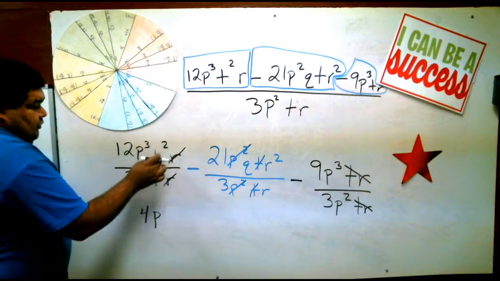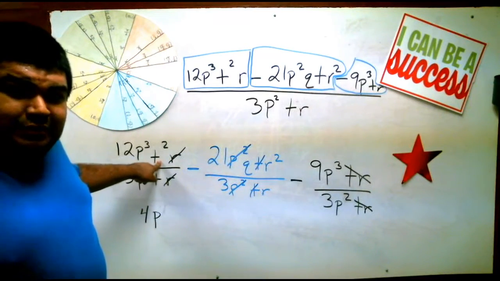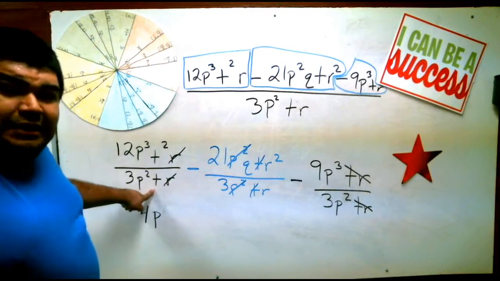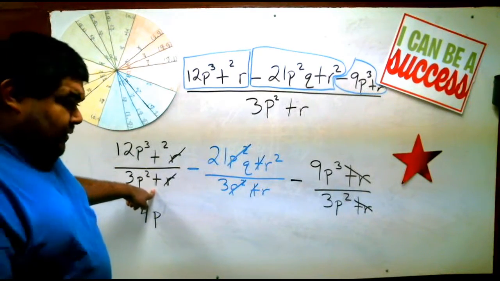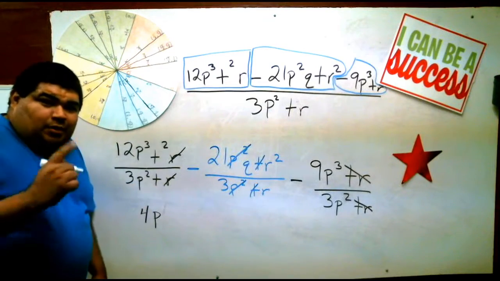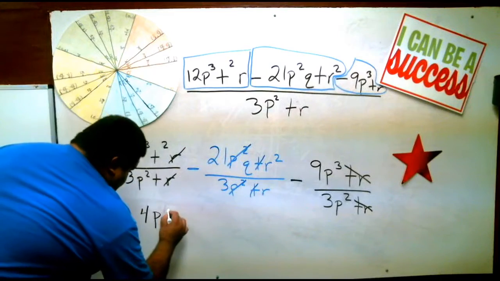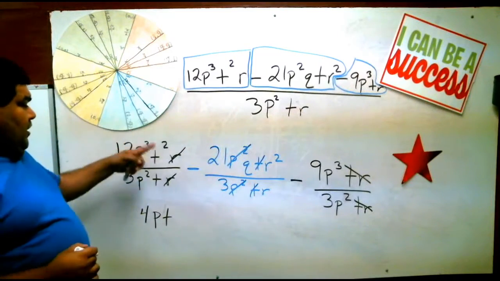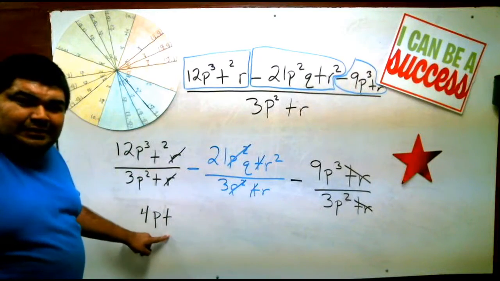Then we have t squared minus t. It's not the kind of tea that you drink, but we're going to subtract 1 t from the square, which is just t. So now all of this became 4pt.